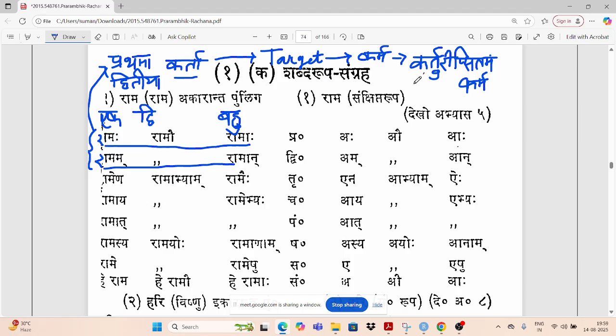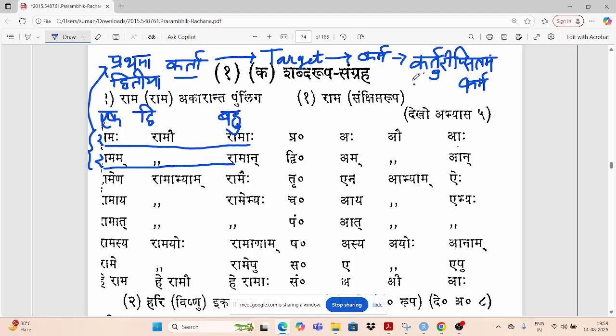Kartuh ipsitatamam. The desired object or the target of the karta. Kartuh, of the karta. Karta ka. Ipsitatamam. That is, the desired object, target is karma. And how does the karta reach or achieve something related to this karma? By doing the kriya. That is the dhatu rupas. Bhu, has, all those things would be required over there.